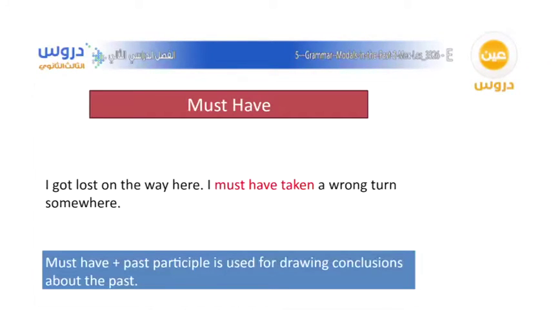I got lost on the way here. I must have taken a wrong turn somewhere. He took a turn and later he found himself lost. This is why he's using I must have taken, because as a conclusion to what happened to him, he deduced that at some point he must have taken a wrong turn.